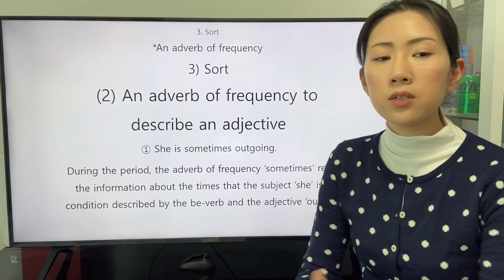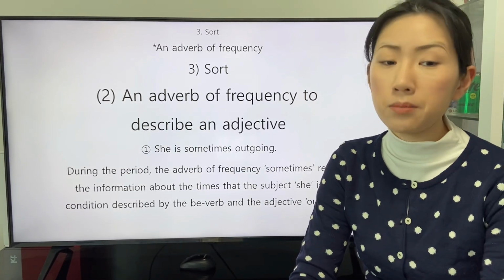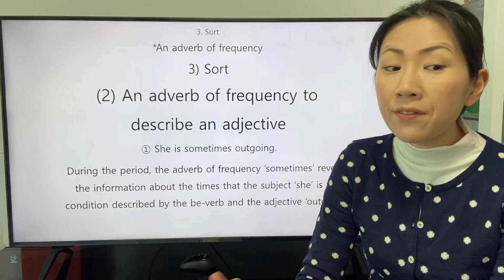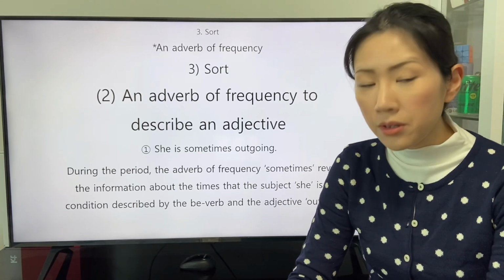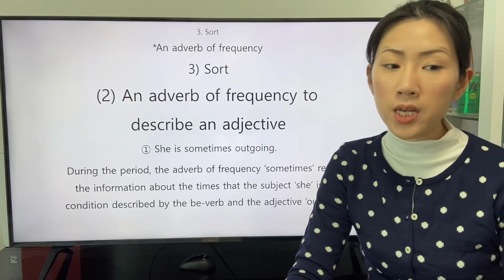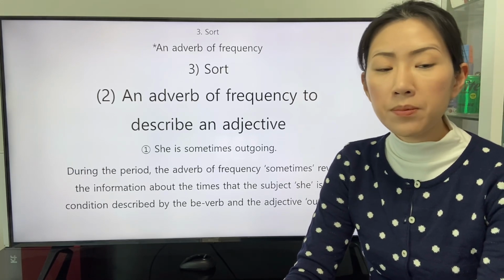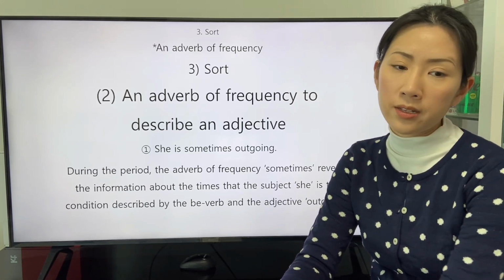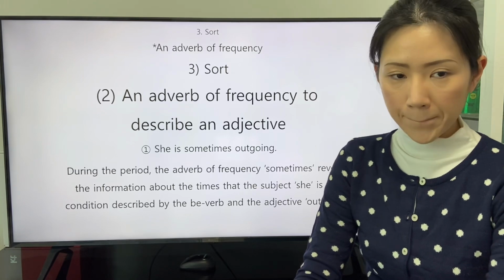During the period, the adverb of frequency sometimes reveals the information about the times that the subject she is in the condition described by the be-verb and the adjective outgoing.